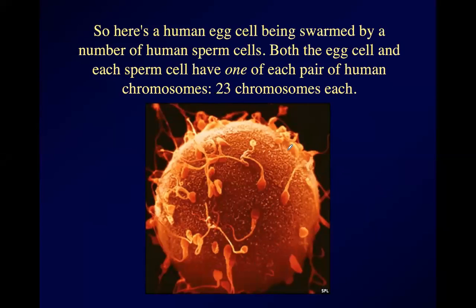Every sperm cell has a nucleus. In fact, a sperm cell basically is a nucleus with a propeller, this little tail that it beats to swim. There's not much else in a sperm cell. And every sperm cell nucleus contains 23 chromosomes.